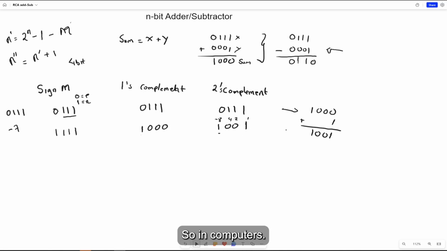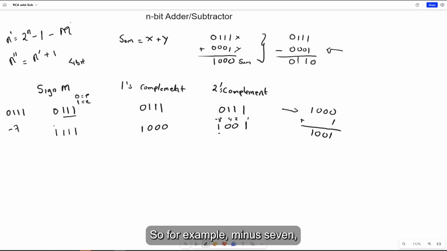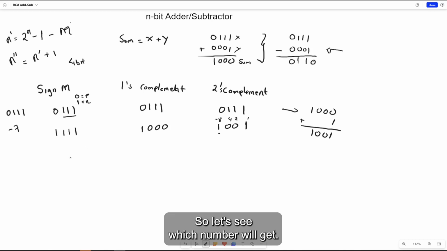In computers, it's impossible to do arithmetic subtraction properly using sign magnitude. It has some drawbacks. For example, 7 minus 1 should give 6, so let's see which number we get.